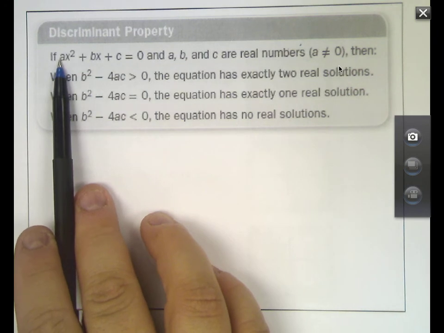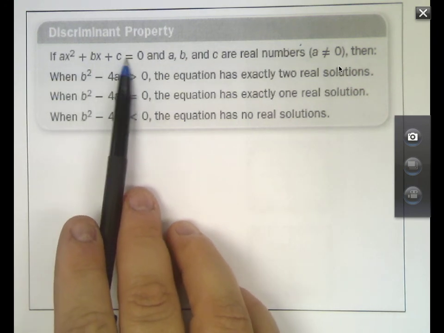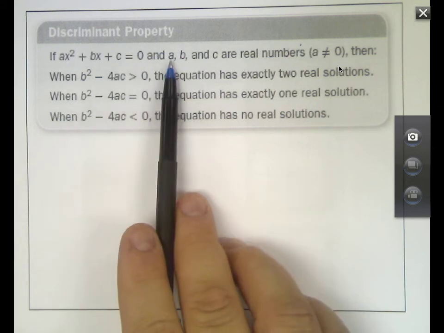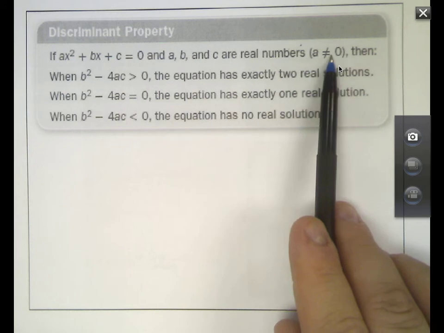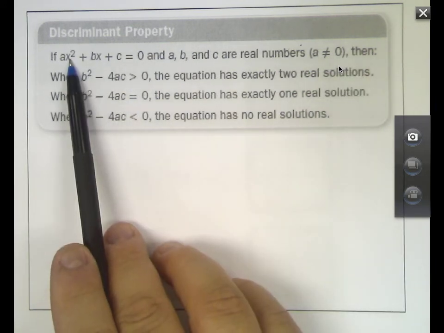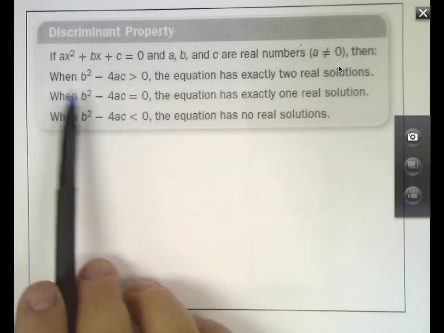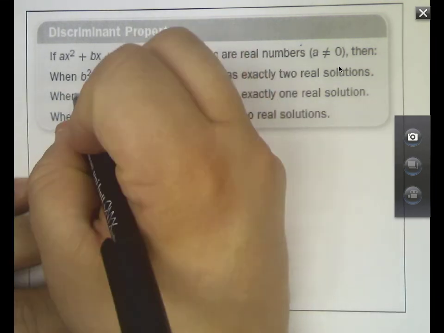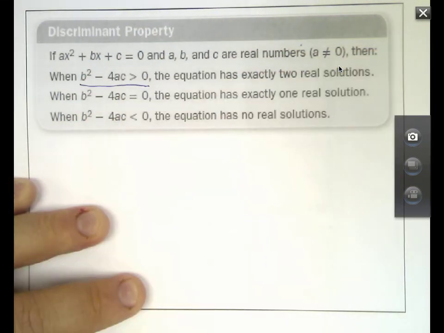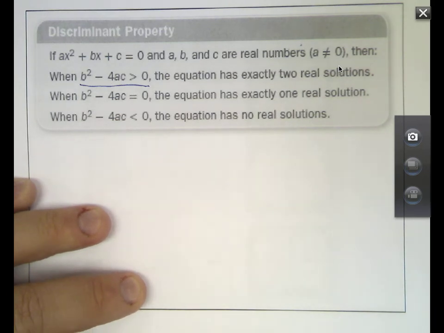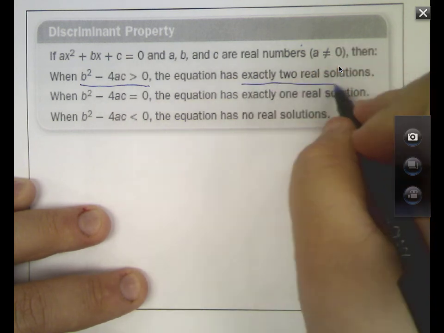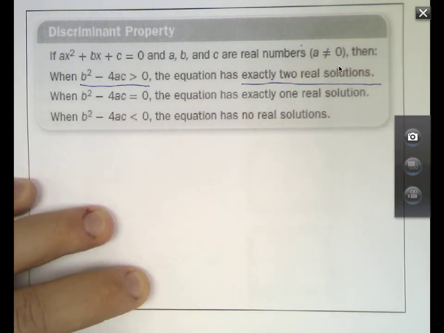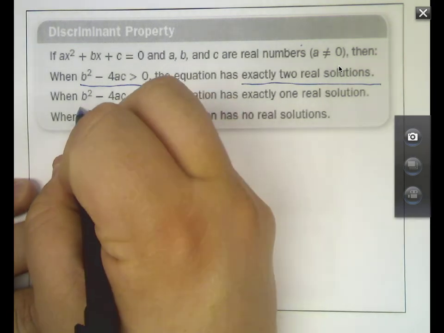But in our discriminant property, when you have your equation in standard form, ax squared plus bx plus c equals 0, a, b, and c are real numbers. A cannot equal 0, because otherwise we don't have a quadratic equation. If our discriminant is greater than 0, that means 2, 3, some positive number, you will have exactly 2 real solutions.